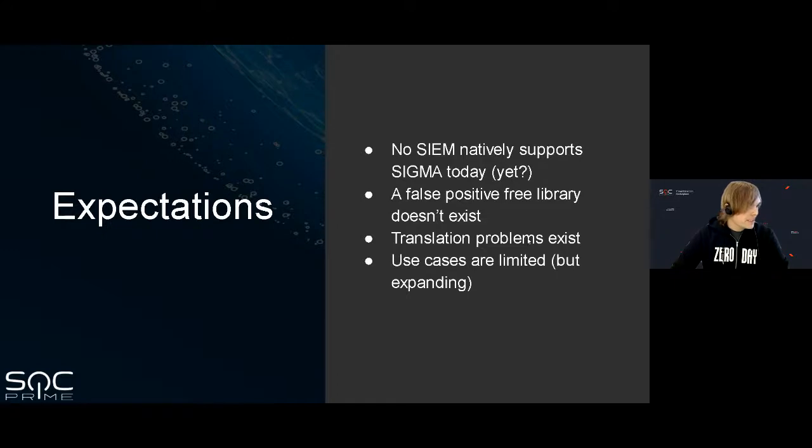So it's not a false positive free library, right? And that doesn't exist. There's no such thing as false positive free. If someone tells you that they generate alerts that are always true hits, then they're probably not covering a whole lot, because there's a general rule, maybe even a law in detection engineering, that the more narrow and specific your use case is, the less you can see.